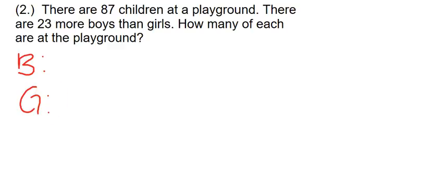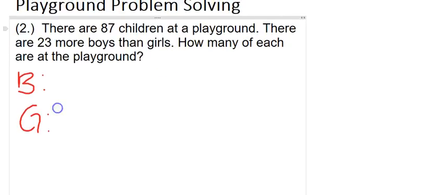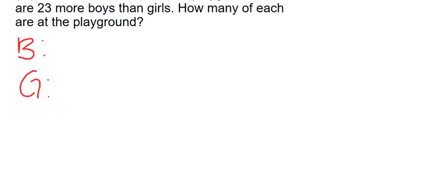If it's 23 more boys than girls, then if there is only this number of girls, you can do one box. This is a box that contains all the girls. So let's represent it with X. If there's X number of girls, because we don't know how many girls there are, we use a variable to represent what we don't know, right?